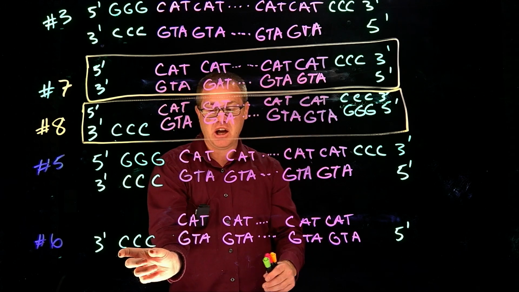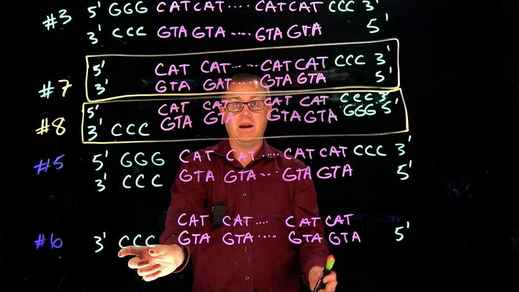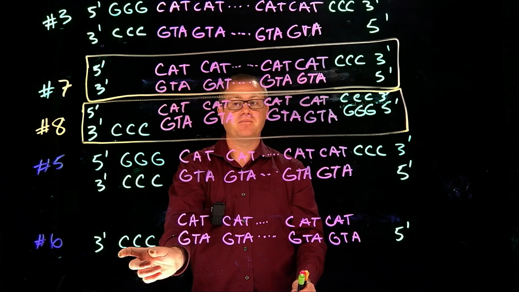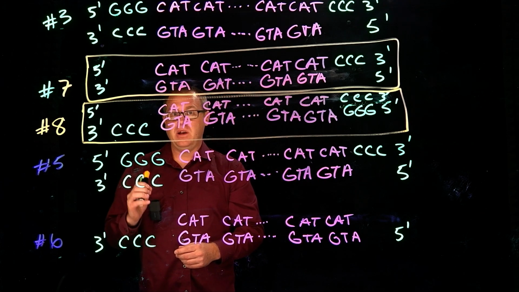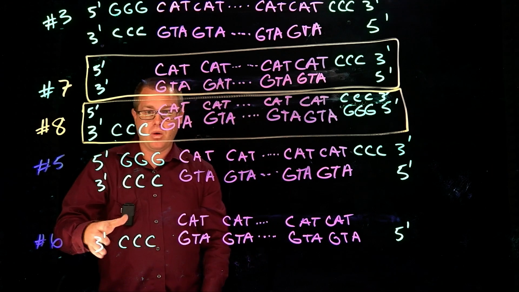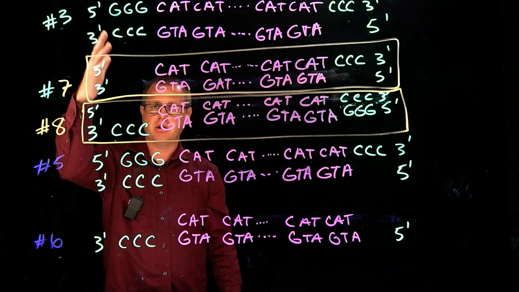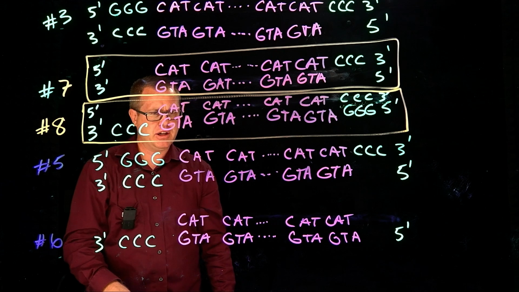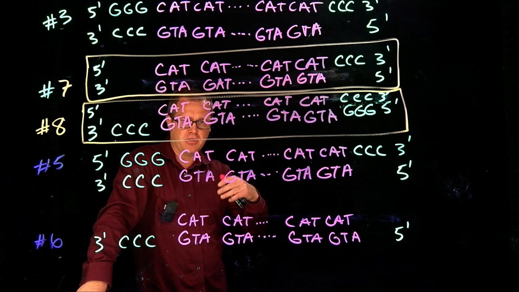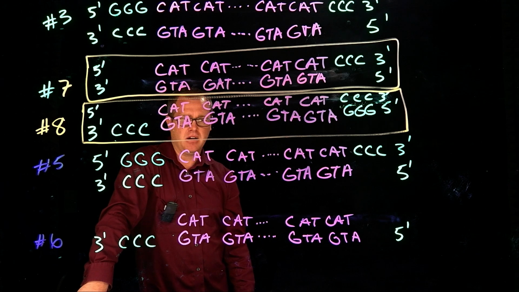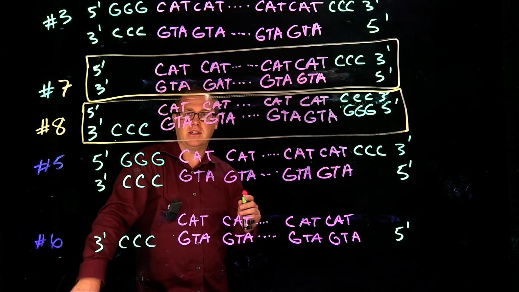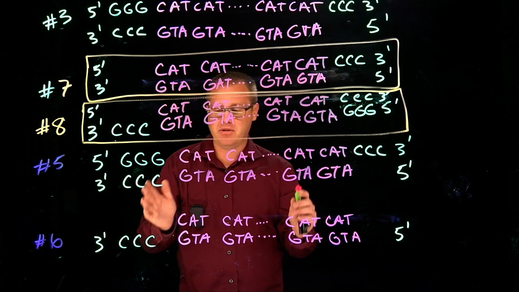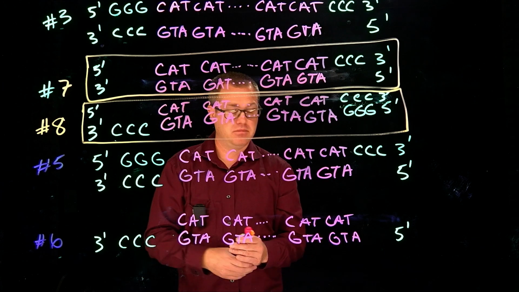It has nothing flanking it in green. Okay? So that's what we're going to do next, is we're going to pick one or two of these molecules here and say which one, once we do another round of PCR, will give us just a double-stranded DNA with nothing flanking it in green.